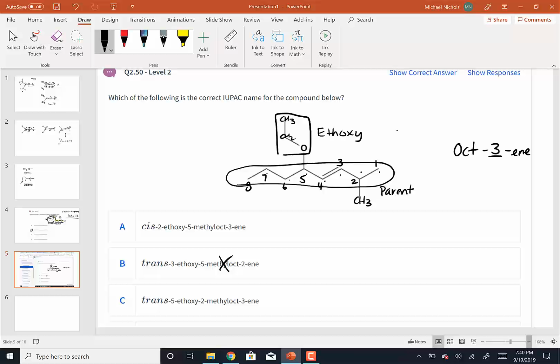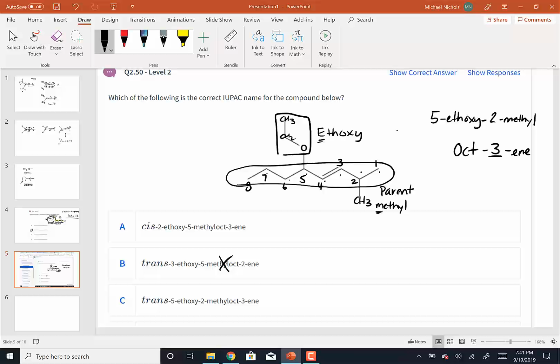Now I have my methyl group and my ethoxy. Alphabetizing E versus M, this methyl group, I'm going to have a 5-ethoxy, 2-methyl, oct-3-ene.